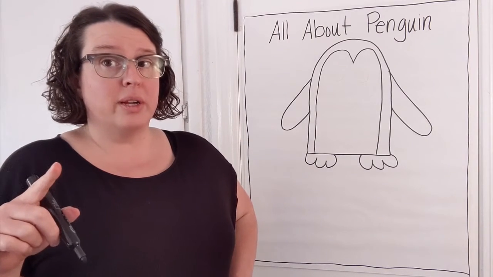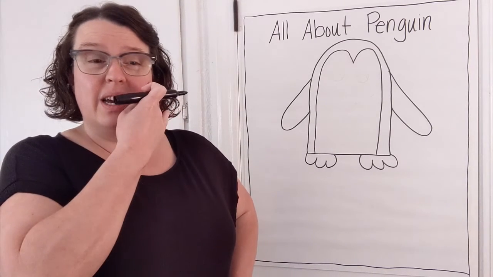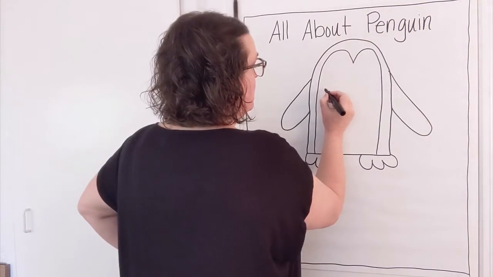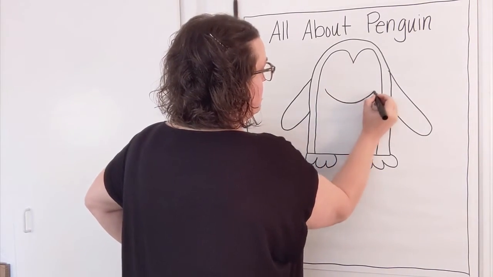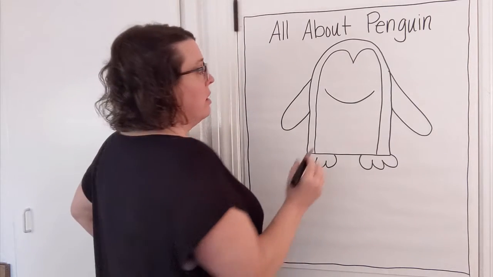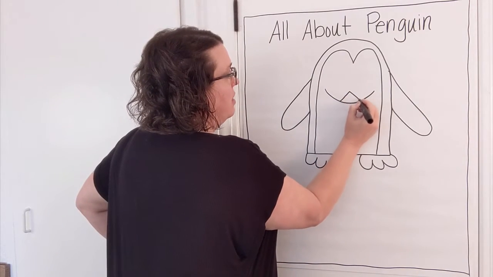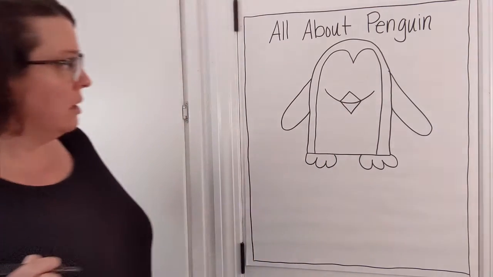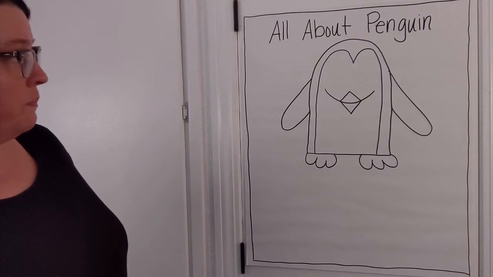I'm going to show you how to draw his mouth because penguins have beaks. And a simple, easy way to draw a beak is to draw a nice big smile, a triangle on top and a triangle on the bottom. Then you have a beak.